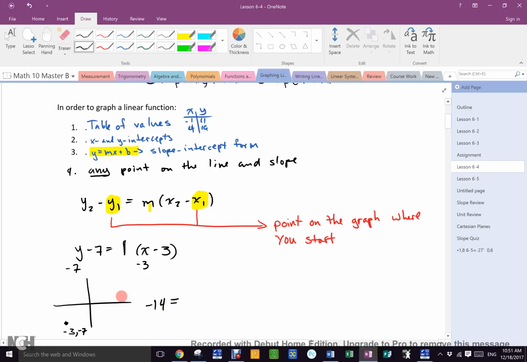And it would equal 1 times what's -3 minus 3? -6. Does -14 equal -6? This is not a trick question, guys. Is -14 -6? No, -14 is -14, isn't it? So we cannot start at -3, -7.